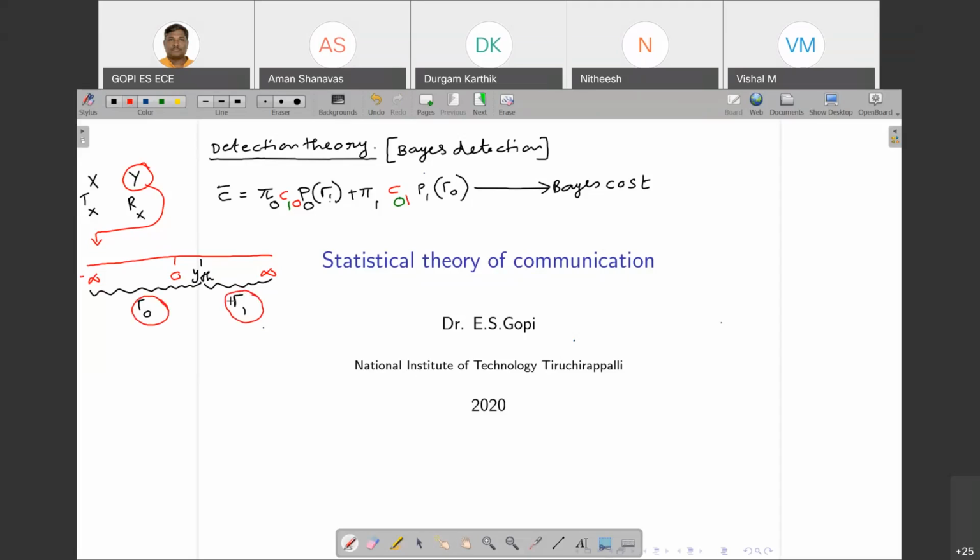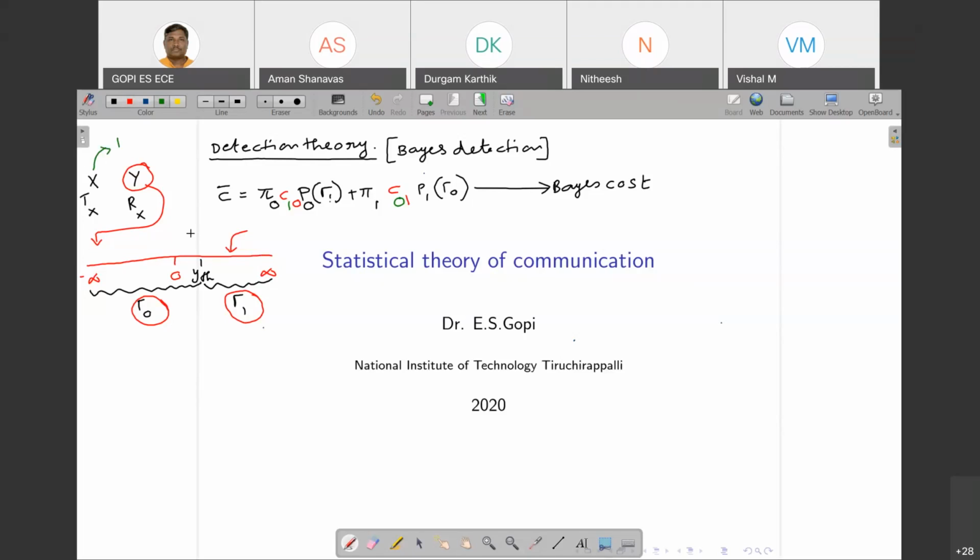How do we interpret this gamma 1 and gamma naught? In the receiver section, whatever instantaneous observation you have, if it lies in the gamma 1 region, you can decide that whatever is being transmitted from the transmitter is actually 1.